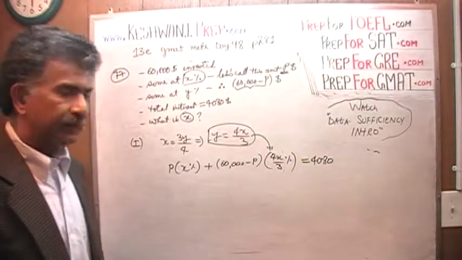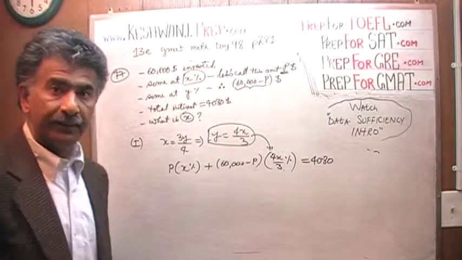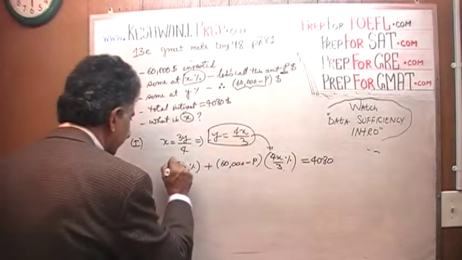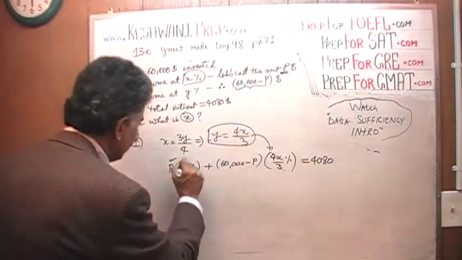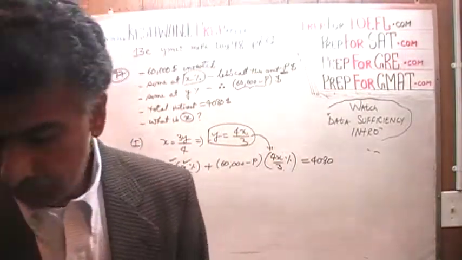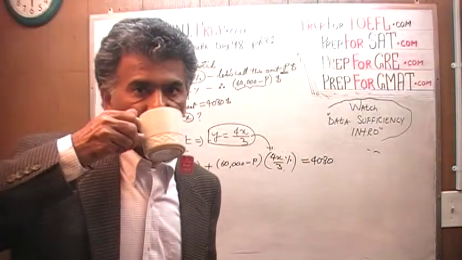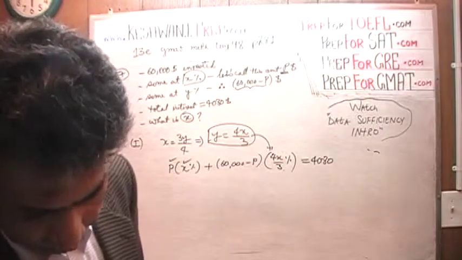The problem is that we have two unknowns here. We do not know the value of P and we do not know the value of X. Since we have two unknowns and only one equation, of course we cannot solve for it. We need one more independent equation.